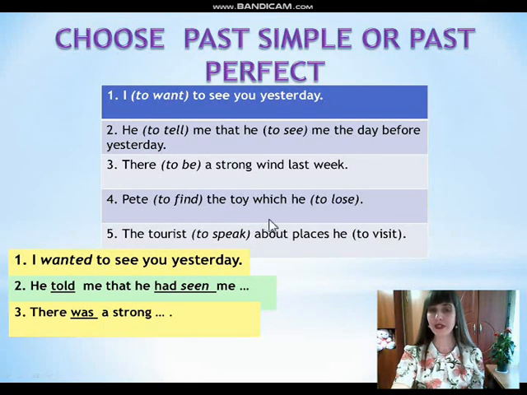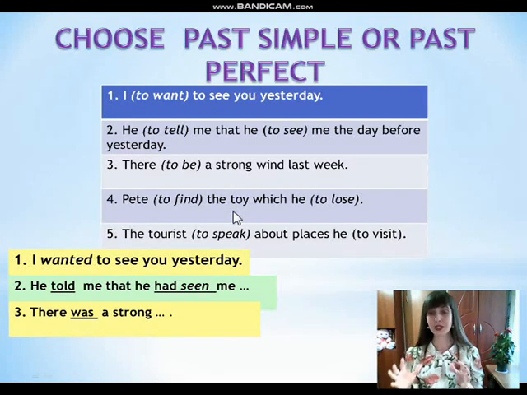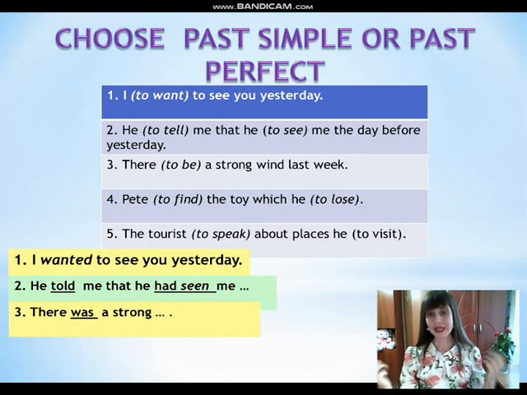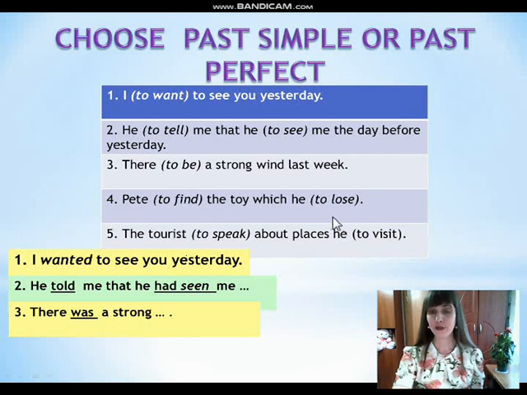Pete to find the toy which he to lose. We have already done something like this, so let's try to remember sentence number 2, when we had the first action in the past and the second action in the past. So in this sentence, the first past action is to lose, right?